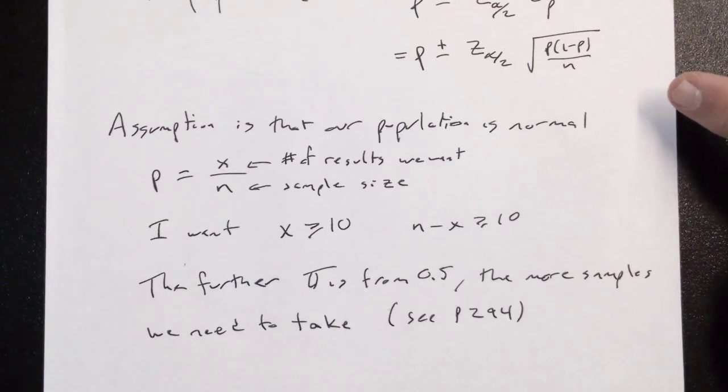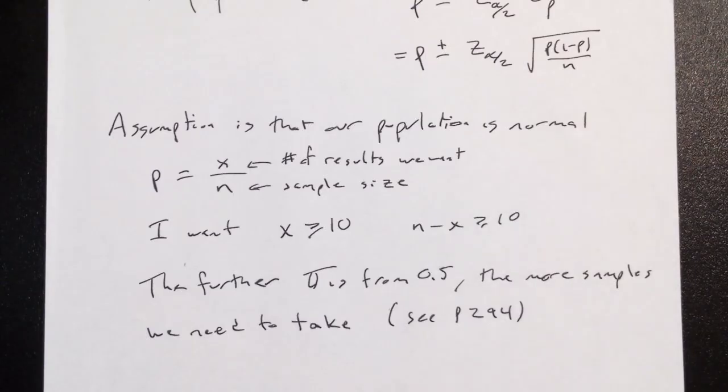And this formula uses the z-score from our normal distribution. The smallest possible sample size we can have comes when this proportion is 50%.